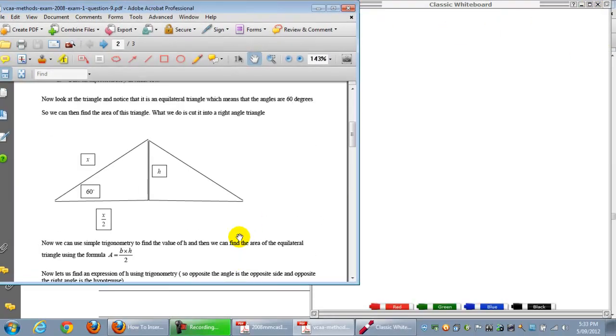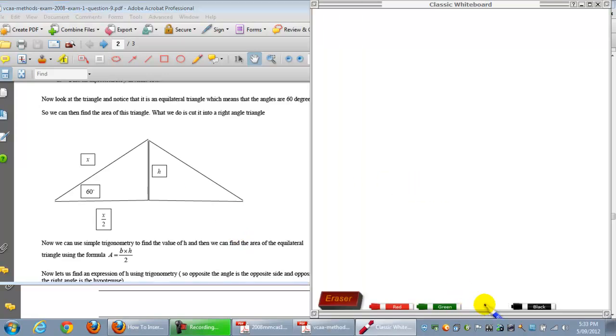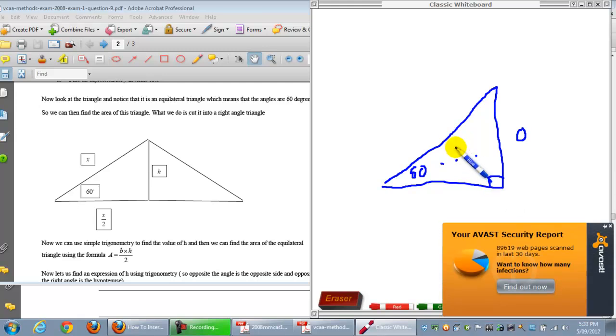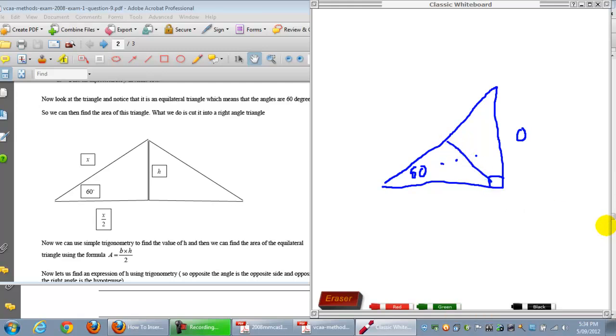So we'll just go back. There's my shape. I'm just drawing it out to make you familiar with it. That's 60. And remember, the side opposite is h.